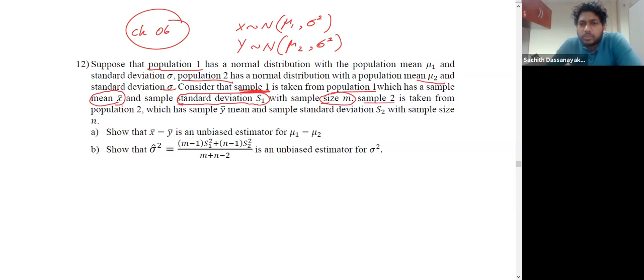And sample 2 is taken from population 2, which has sample mean y bar, sample standard deviation S2, and sample size n. Those are the details that we can take from the question. So let me draw this picture for you.